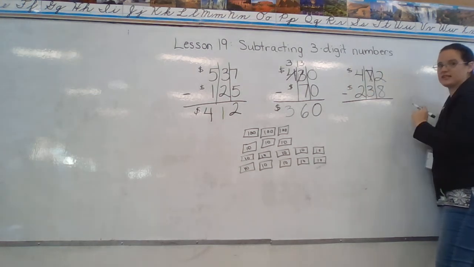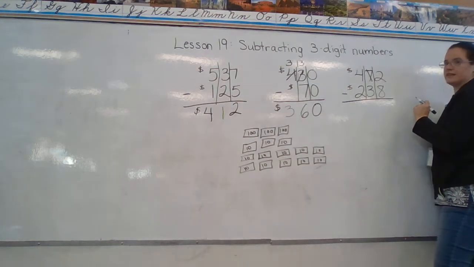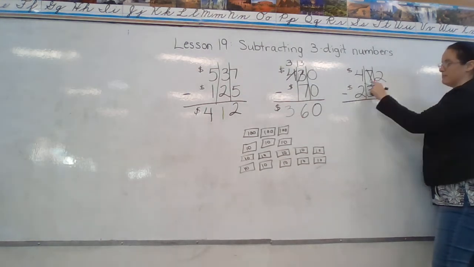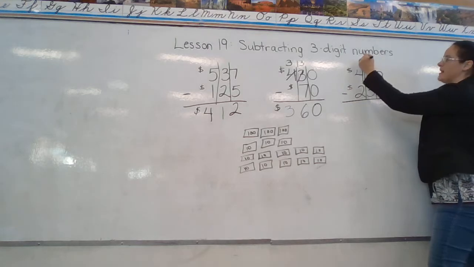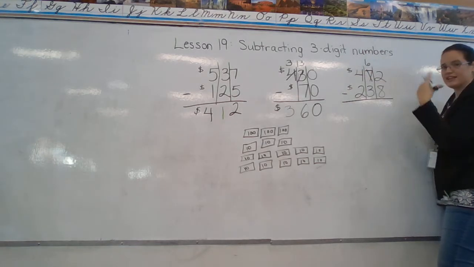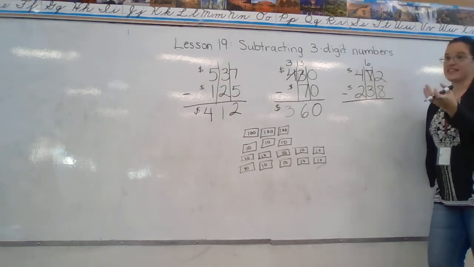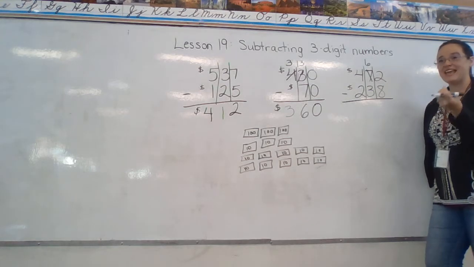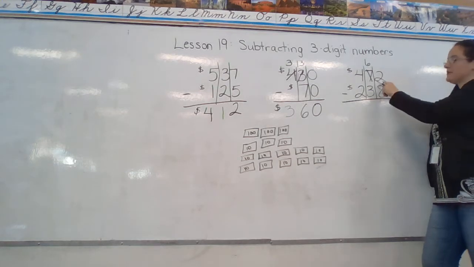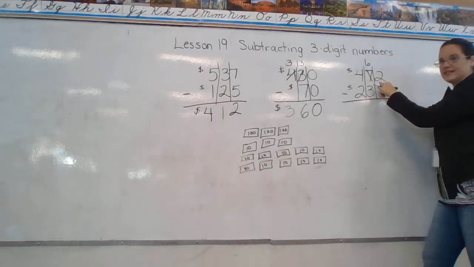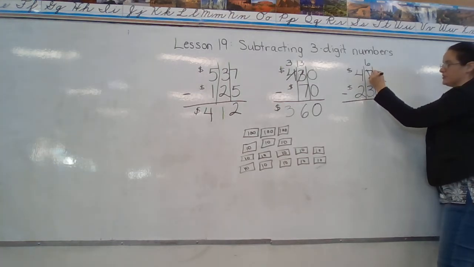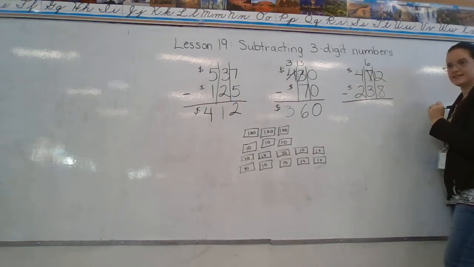So how many tens will I have left, Riker? If I borrow 1, I had 7, 6. Now I have 6. And I took that 10 and broke it into 10 ones. Plus I already had 2 ones. So now I have 12 ones.